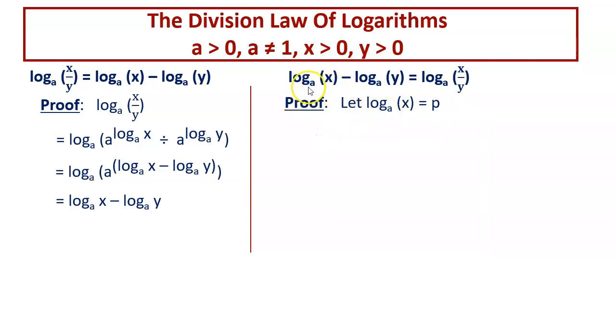We start with log of x to the base a, then we will go to log of y to the base a. So log of x to the base a, let this be equal to p. This is a logarithmic equation, so its corresponding exponential equation will be a to the power of p equal to x.